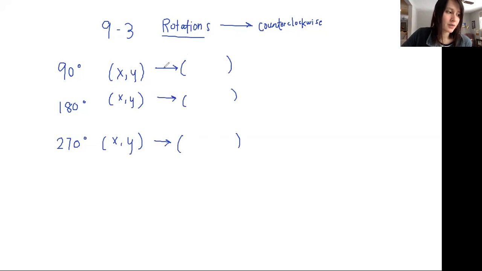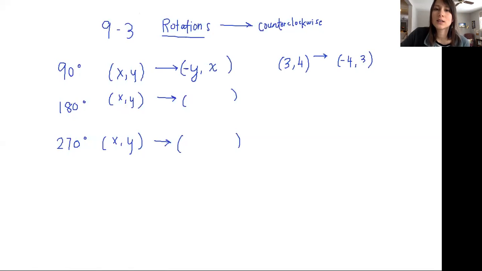So for a 90-degree rotation, what will happen is your x and y will be reversed, and your y is going to become the opposite sign. So if this were positive, this would become negative. If this were negative, this would become positive. So we'll do an example here. Let's say I have a (3, 4) point. If it's going through a 90-degree rotation, it would become (-4, 3).